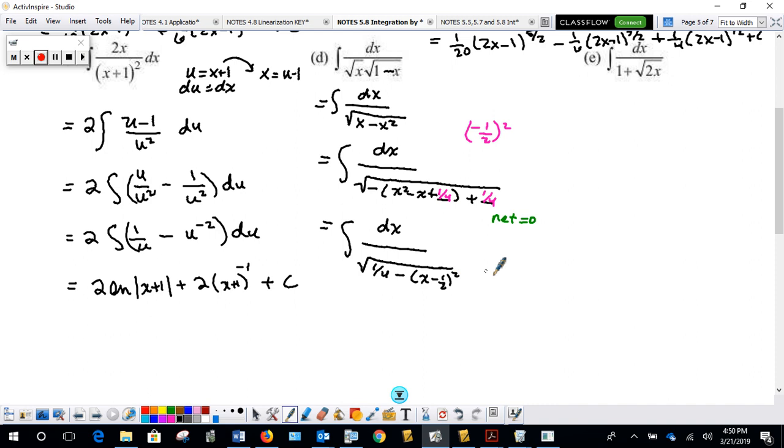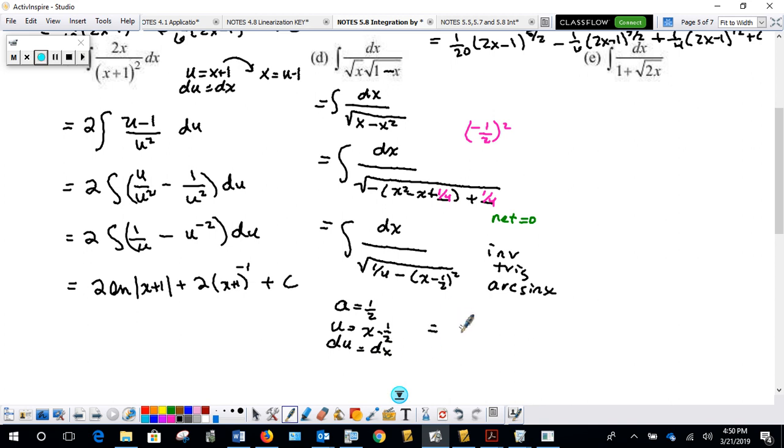squared. And so this turns this into an inverse trig, and it's going to be an arc sine. So our a is going to be 1/2. Our u is going to be x minus 1/2. Our du is going to be dx. So I do not need a corrector.